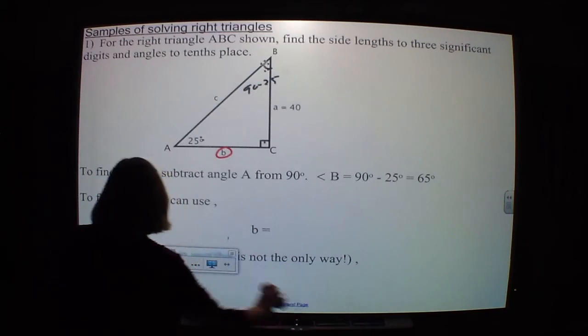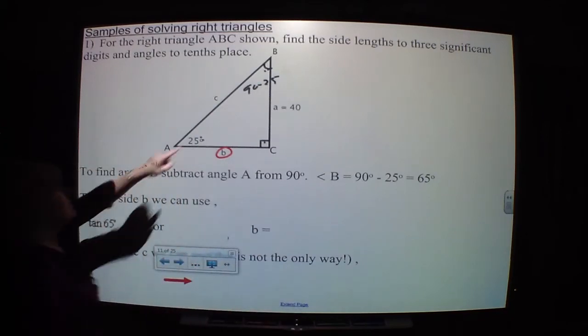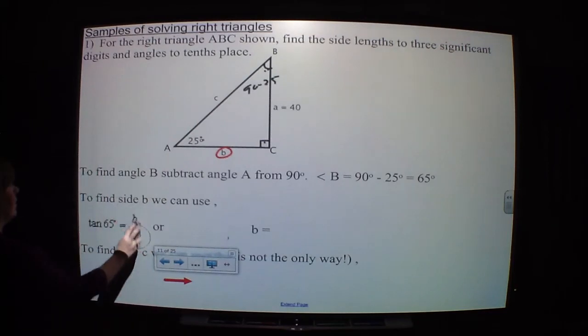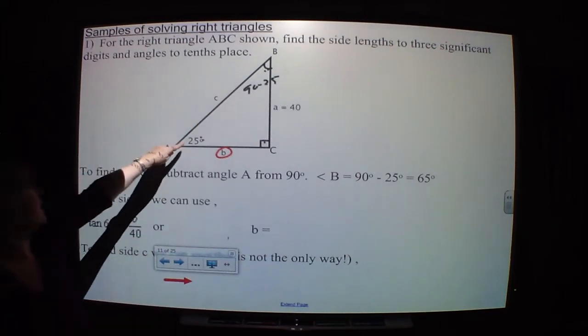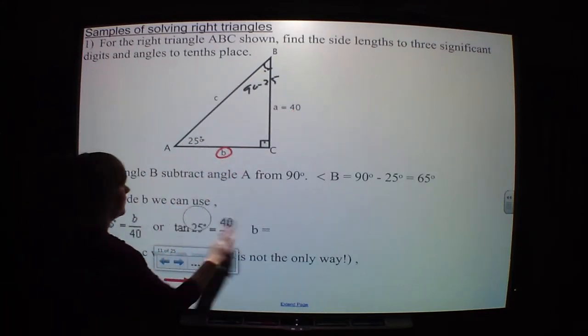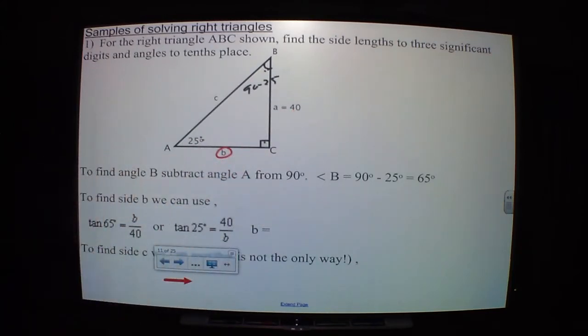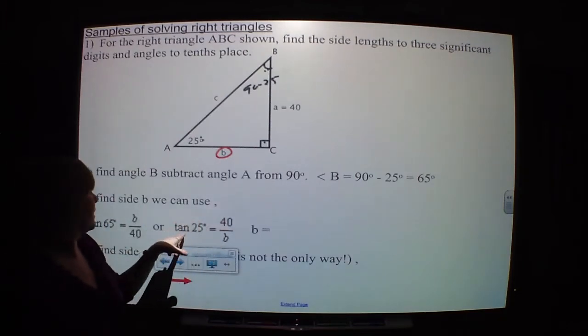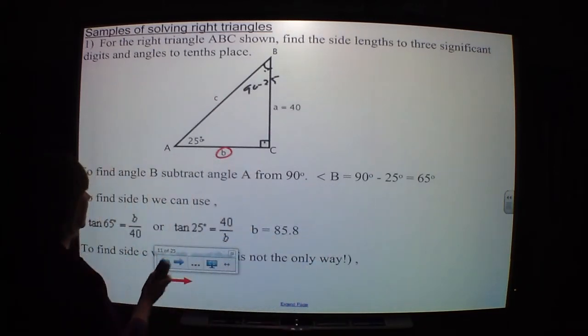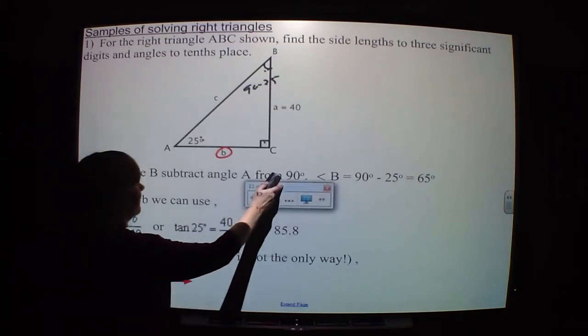I could do the tangent of 65 is b over a, or b over 40, or I could do the tangent of 25 is 40 over b. It doesn't really matter. So in your calculator, you can either put 40 tangent of 65, or you could put 40 divided by tangent of 25, and either way, you'll get about 85.8.